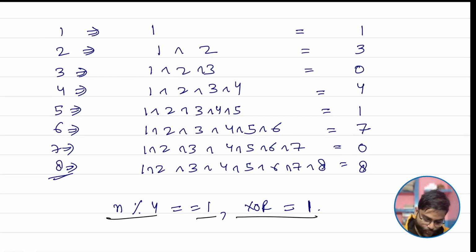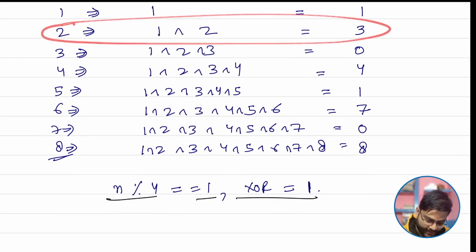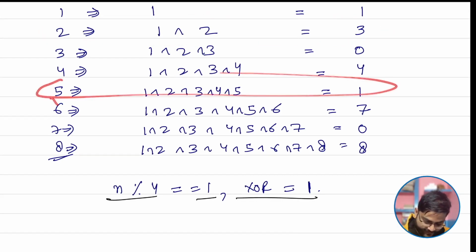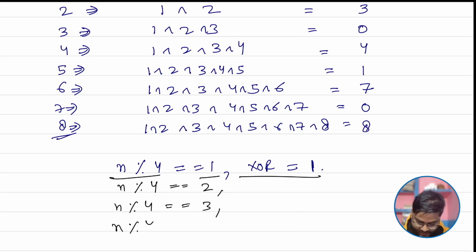Now, see this. This is 2, and this is 5. Let me write the whole table: n mod 4 equals 1, then 2, then 3, then 0. We will write for all the 4 cases.